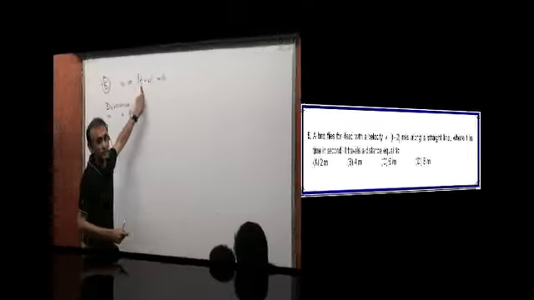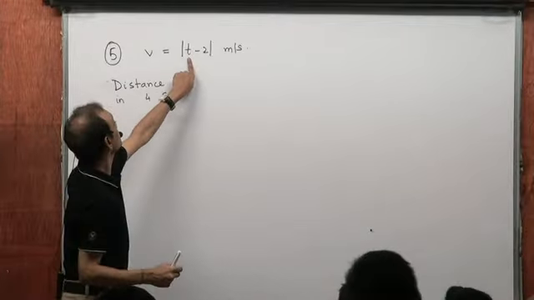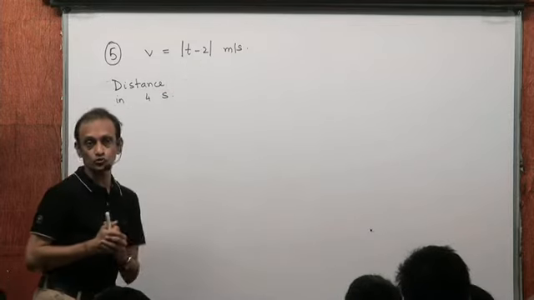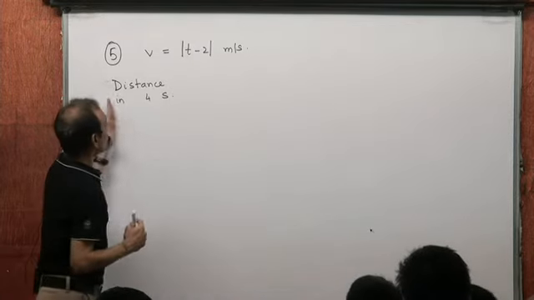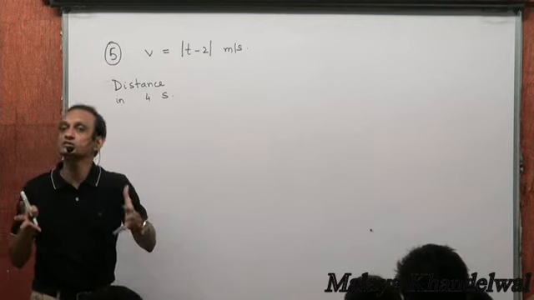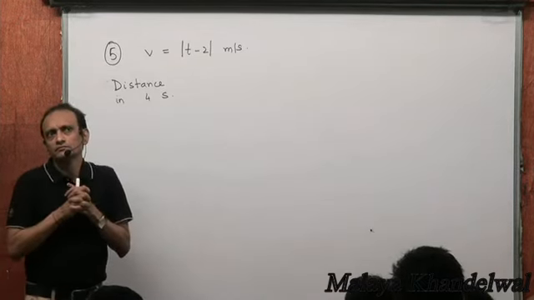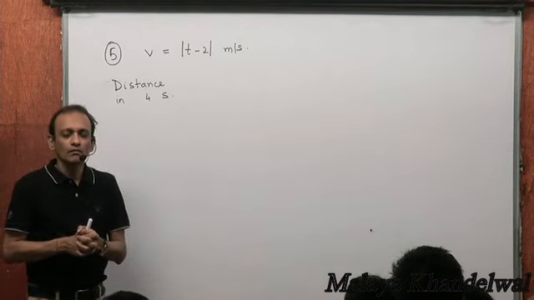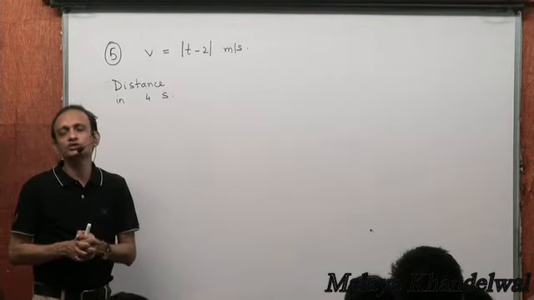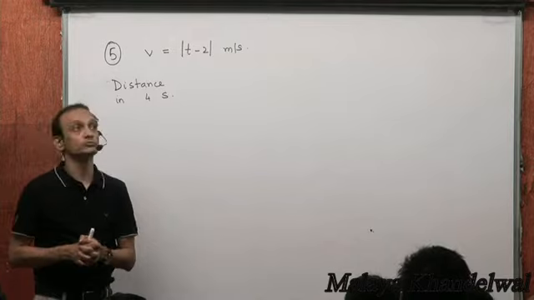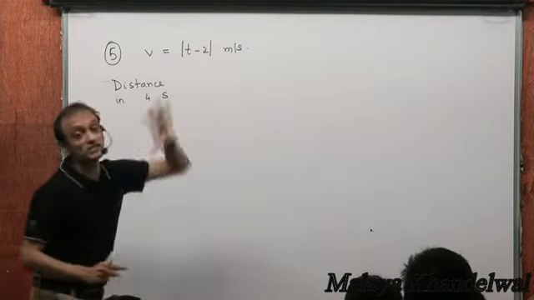The velocity of a particle as a function of time is given as mod of t minus 2. From 0 to 4 seconds, I want to find the distance traversed by the particle. One thing: is the direction of motion changing during this? No, it is not. Because mod means V always remains positive.